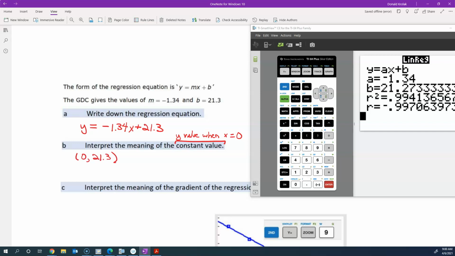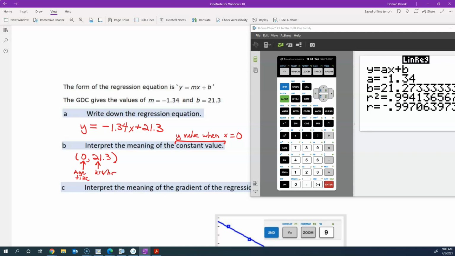Now, what does that mean? Well, x is the age of your tires, and y was your fuel economy in kilometers per liter.